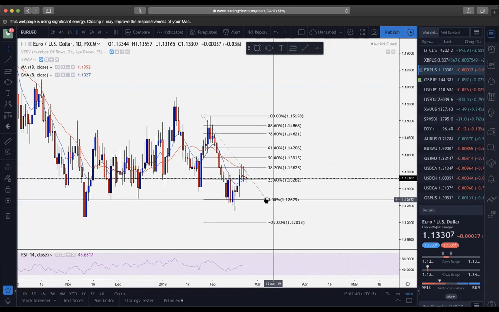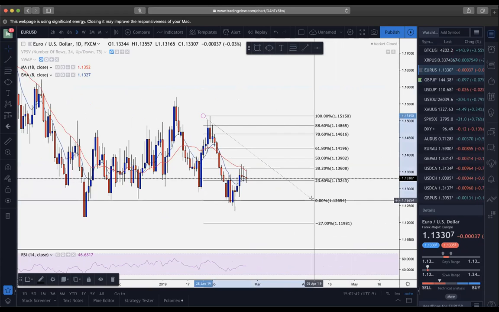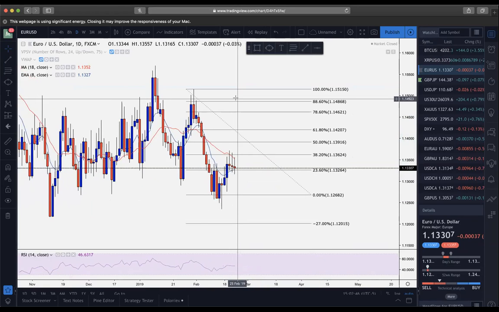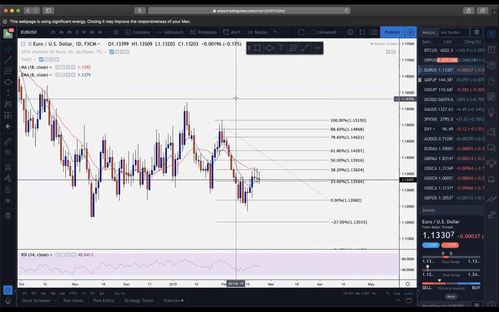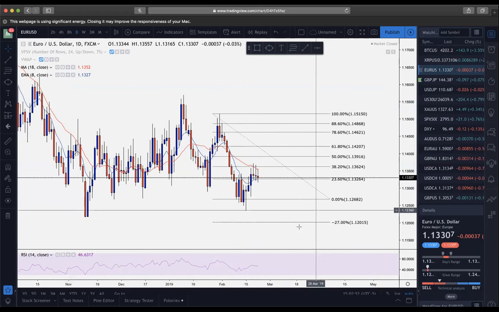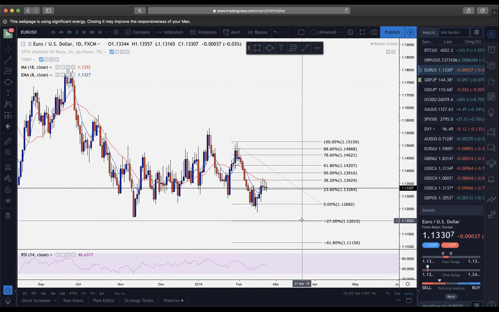We could potentially see, based on this daily fib, we could potentially see price come down to this area here to make a new low.